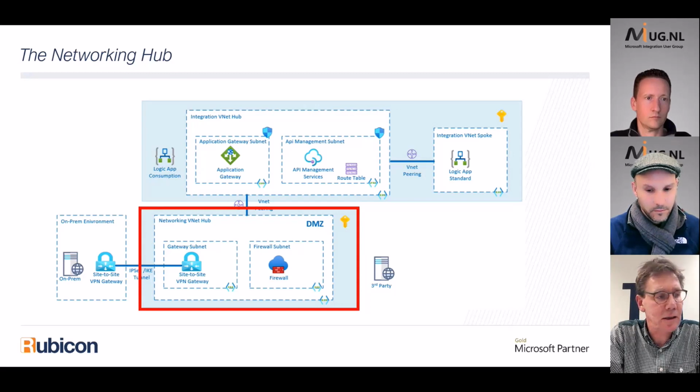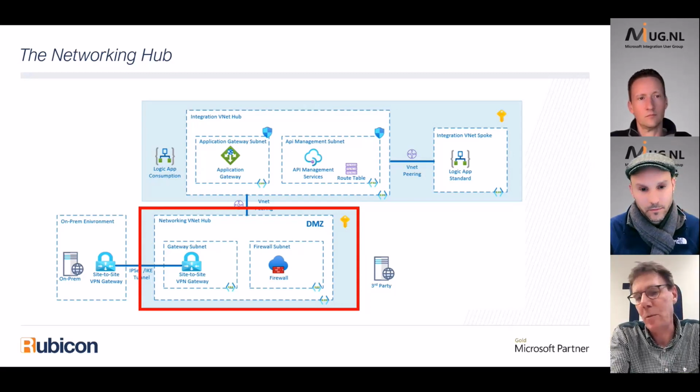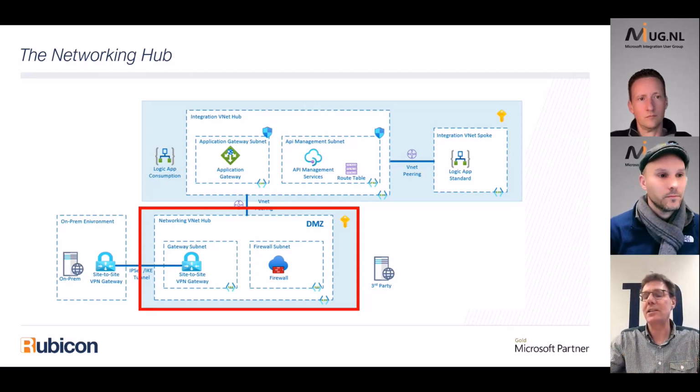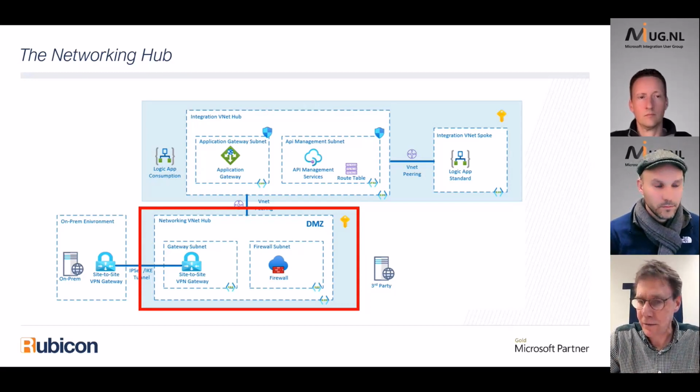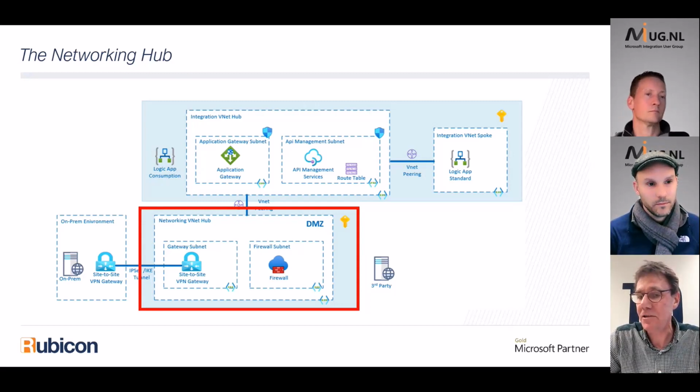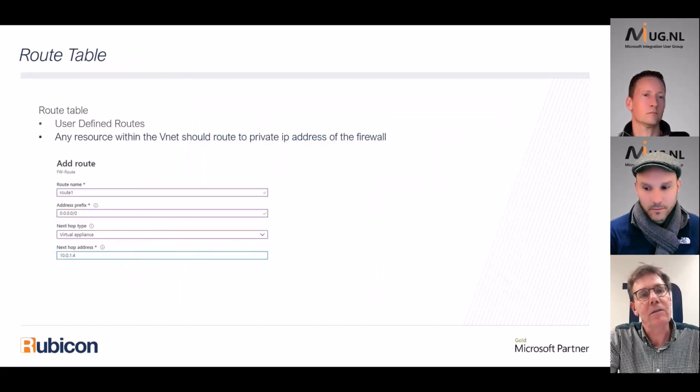I saw this principle used in a situation where we were calling a third-party application, and when all traffic is sent through the firewall, you could say that's the proxy server, and the third party can actually whitelist the proxy server or the firewall as an extra security measure. But you can also use this concept when you go on premise. So that's the networking hub and the route table.